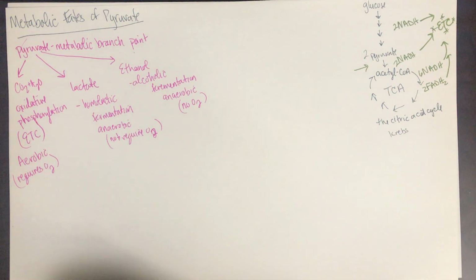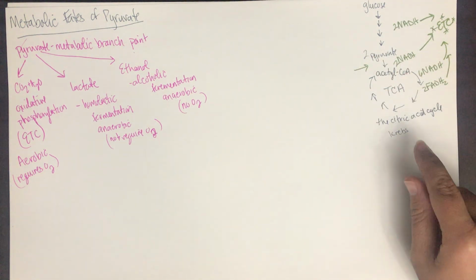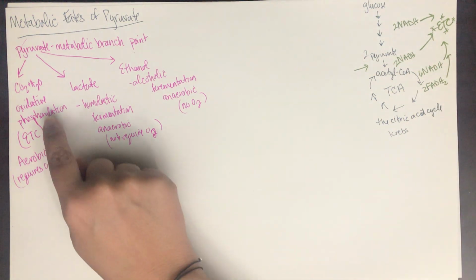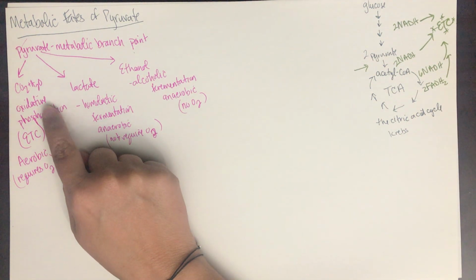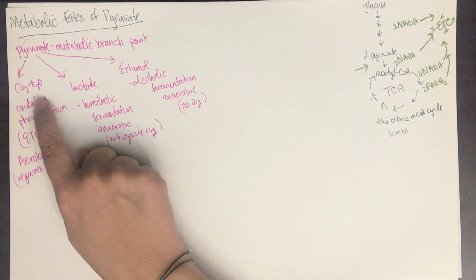And this happens in times of low oxygen, like strenuous exercise. If you have oxygen, then you would go through this process, which is what we are going to continue talking about when we continue down this road of cellular respiration and ultimately head to the electron transport chain for oxidative phosphorylation, which oxidative says oxygen right in the name.